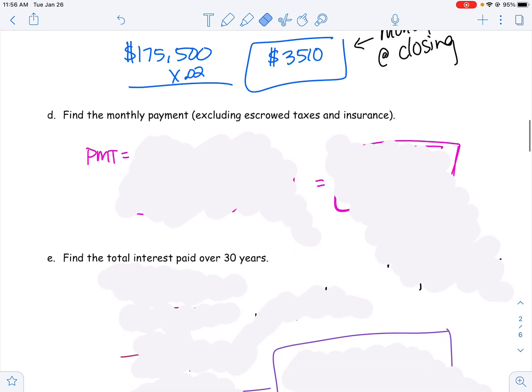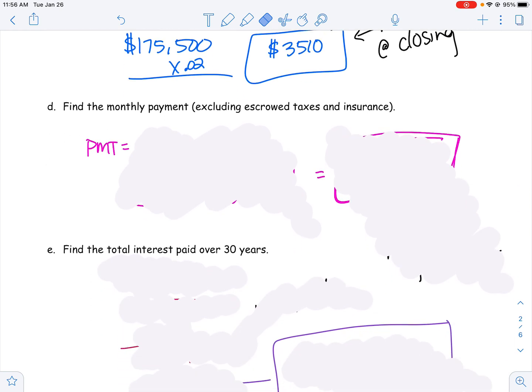So Part D asks us to find the monthly payment. This is excluding any sort of escrow, fees, taxes, anything like that. We're just going to base it on the mortgage amount. Remember, the mortgage amount was that $175,500. We're going to plug all of our information into our payment formula. So hopefully you have your formula sheet out and you can plug in all of the values into that payment formula.